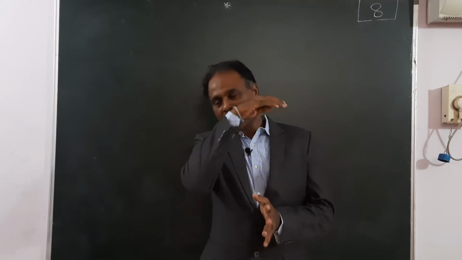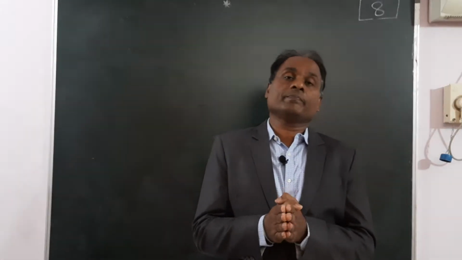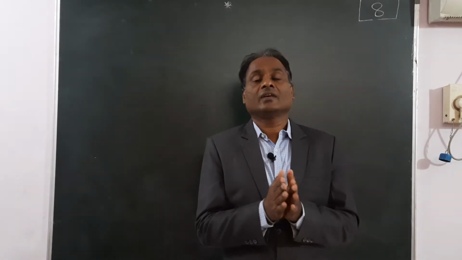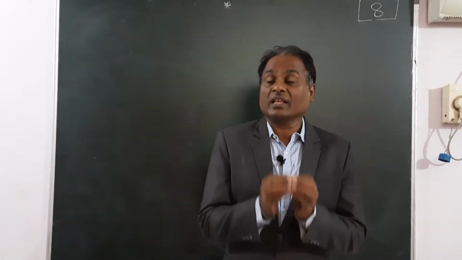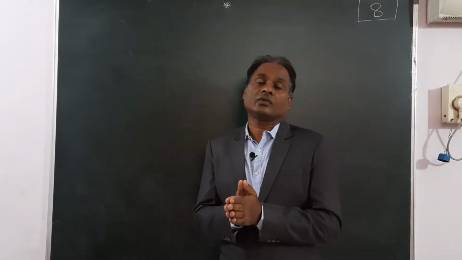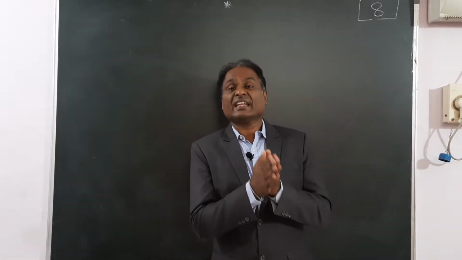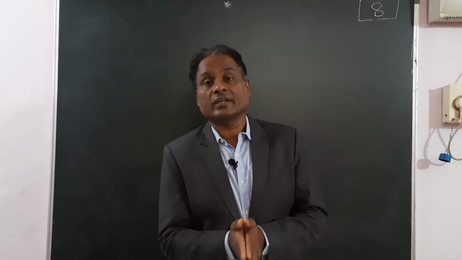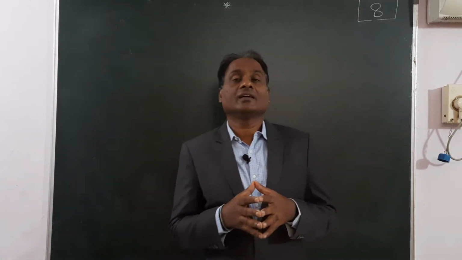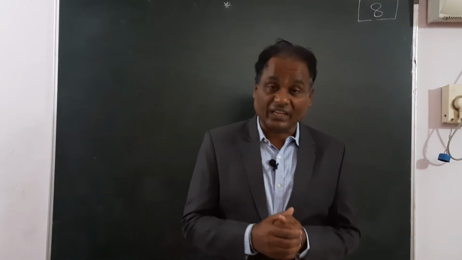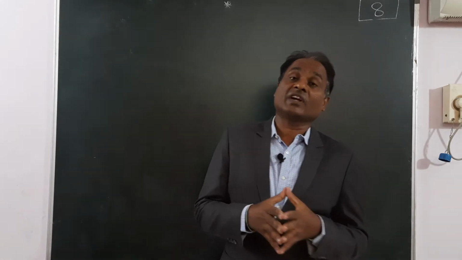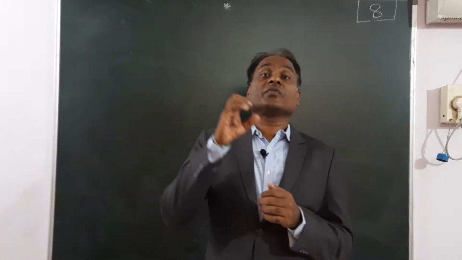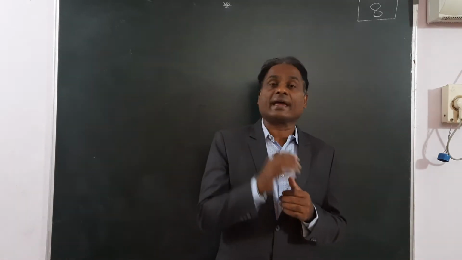So we are continuing our chapter trigonometry. Almost all we completed 7 classes. We defined all the 6 trigonometric ratios: sin, cos, tan, cosecant, secant, cot, and after that we completed the first exercise, and for the second exercise we derived the values of the trigonometric ratios for few angles.